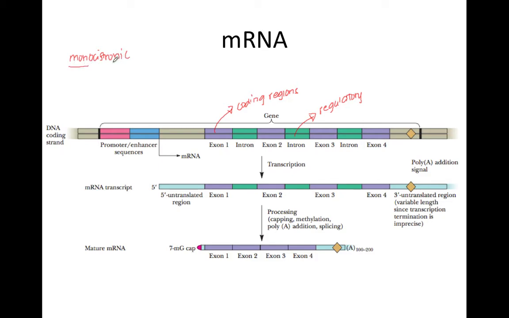Mono meaning single and cistron meaning gene. So with eukaryotes, you have a single mRNA to encode one protein. Whereas in prokaryotes, a single mRNA can encode several proteins because they are polycistronic in nature.